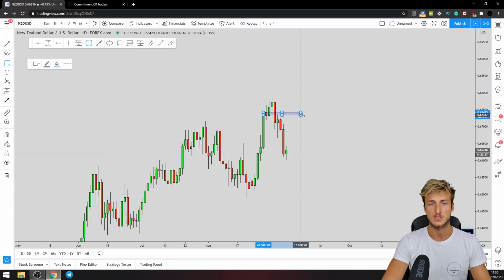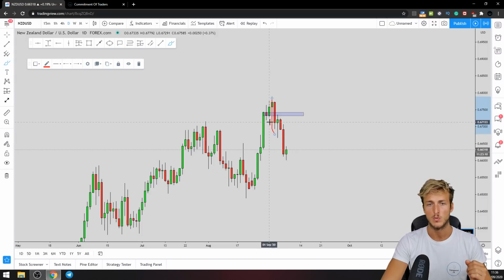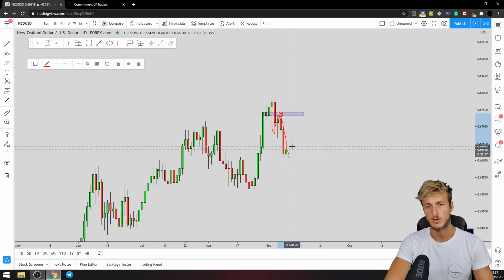In our previous analysis, we said we want to see the market break below this area from a daily closing perspective, which the market did with this red candle. And then we want to see the market go for a retest of this level, which is exactly what happened here before the continuation to the downside. And that is exactly what the market did. So the market respected perfectly what we wanted to see the market show us.